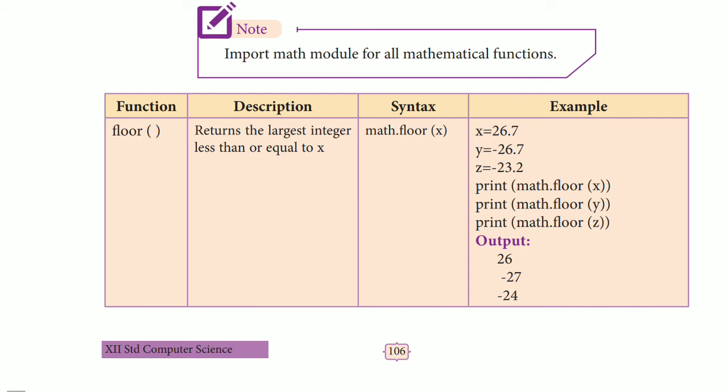Here you can see that 26.7 is rounded to 26, and minus 26.7 is rounded to minus 27. You may get confused why minus 27. It is because minus 27 is less than minus 26, the negative value.